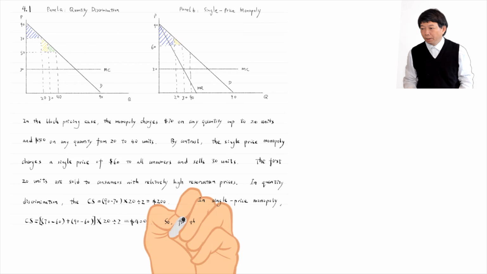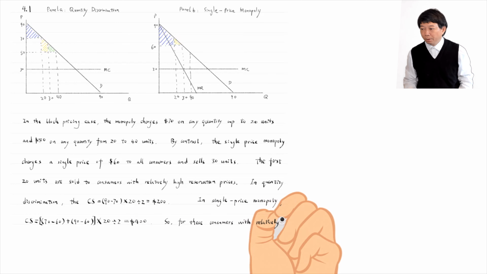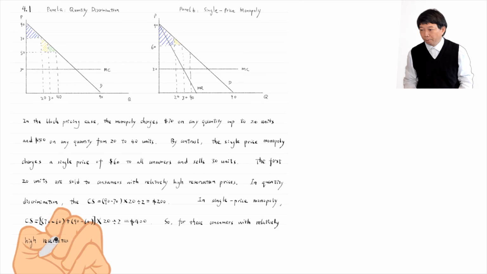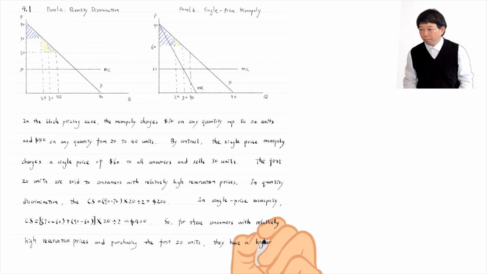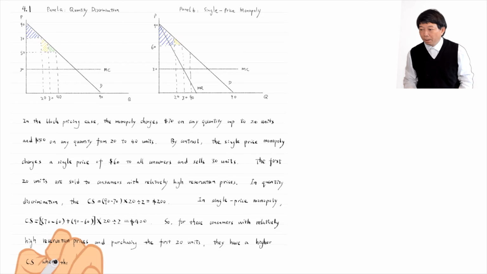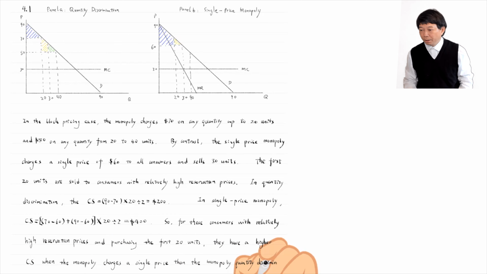So, for these consumers with relatively high reservation prices and purchasing the first 20 units of products, they have a higher consumer surplus when the monopoly charges a single price than the monopoly quantity discrimination. They were worse off if the monopoly uses block pricing.